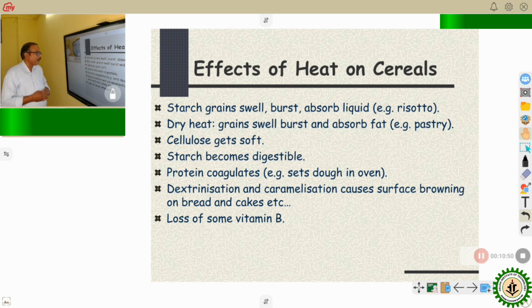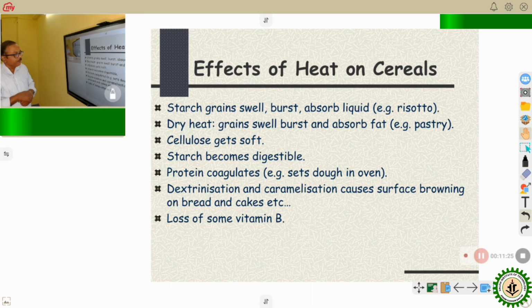Now gluten at a high temperature inside the baking oven coagulates after the fermentation is over, and the gases which accumulated can increase the volume of the bakery material. After protein coagulation a cage-like structure is produced which restores the final volume of the product. Dextrinization and caramelization cause surface browning because some amount of free sugar is always there within the flour endosperm.